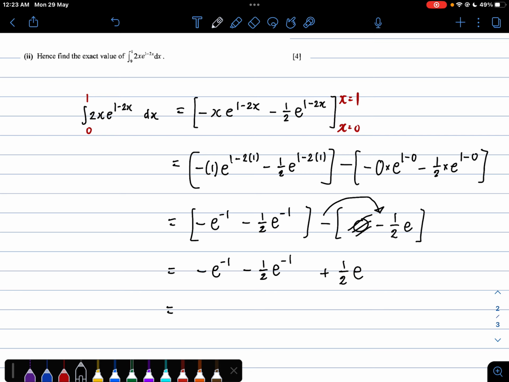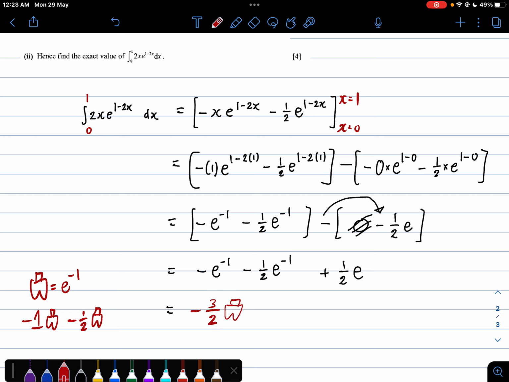Okay, very good. So what we have over here, minus 1 apple minus half a apple, where the apple, my apple looks a bit weird. My apple looks like this. My apple is e power negative 1. Okay, so if you subtract 1 apple and then you minus half an apple, how many apples left? Exactly, minus 3 over 2 apples.